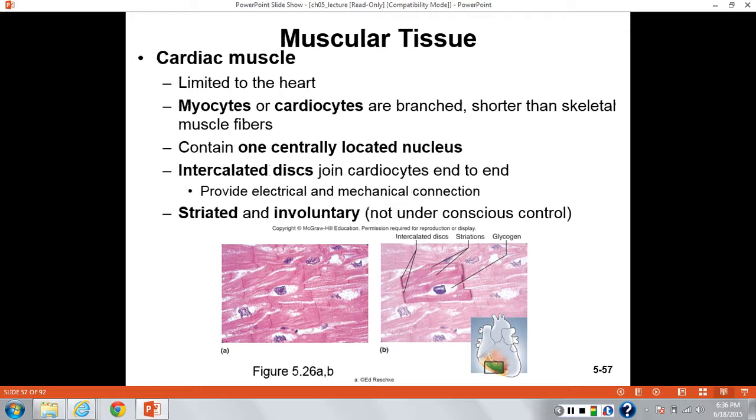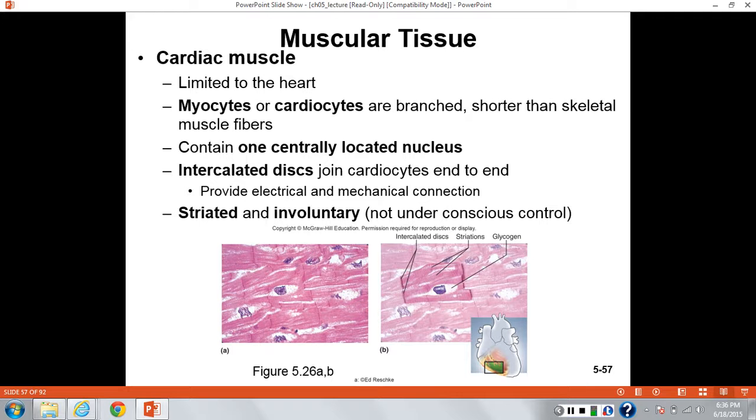This is a cardiac. It has striations, but look at the nuclei. They are more centrally located. They have what are called intercalated discs, and we just talked about this in my 202 class. They allow for the heart cells to communicate with each other in order for the heart to contract.